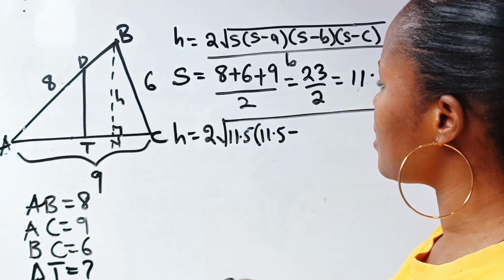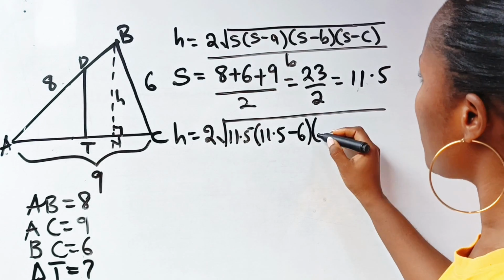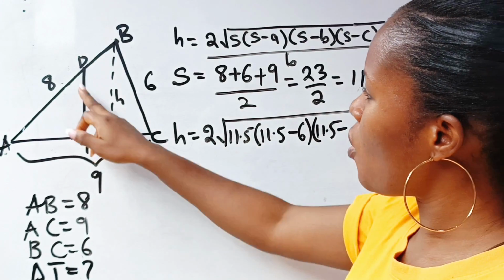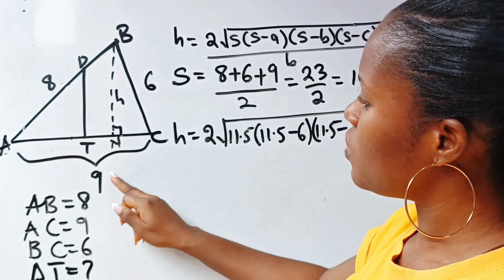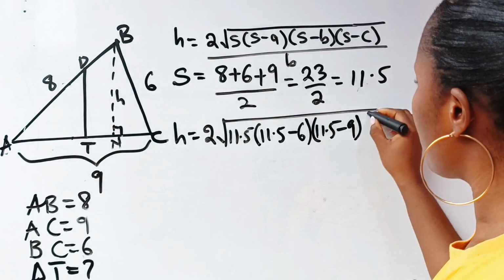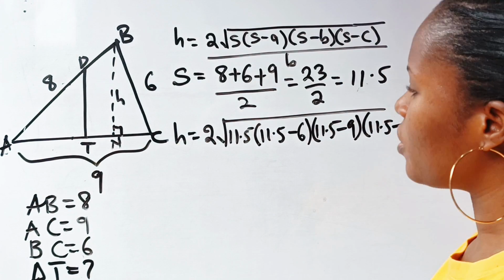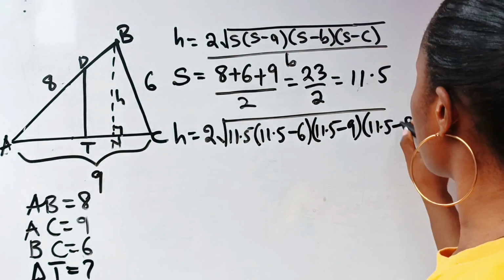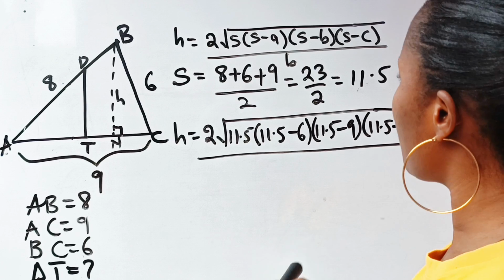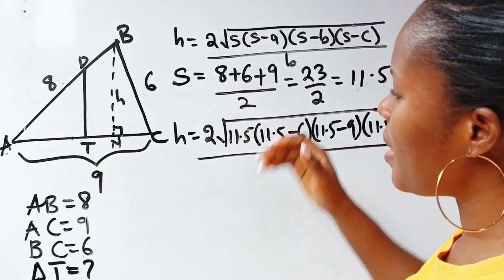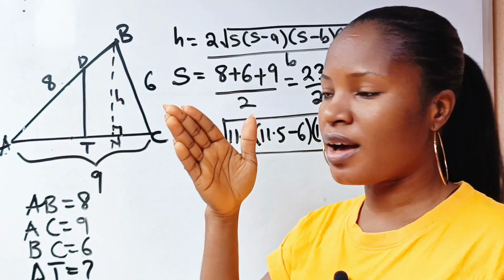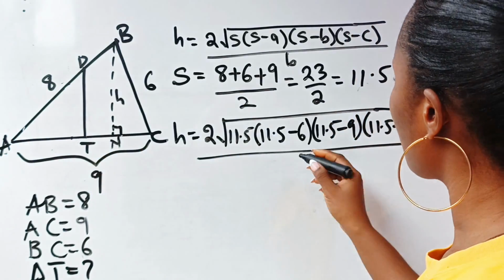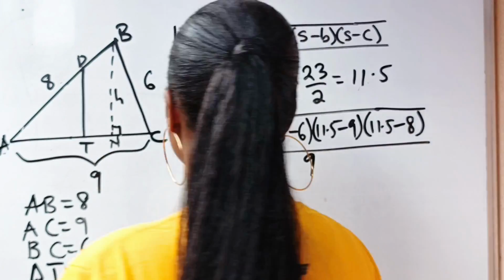So my small a is 6, multiplied by 11.5 minus my small b, which is this side, 9, multiplied by 11.5 minus my small c, this side facing this, which is 8. Everything divided by b, which is the side perpendicular to the height, and that is this 9. So everything divided by 9.